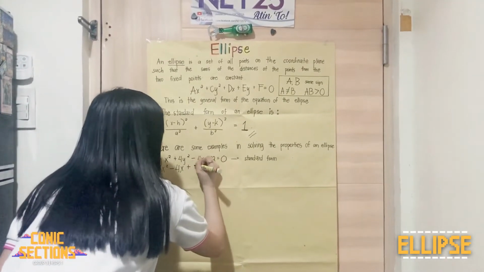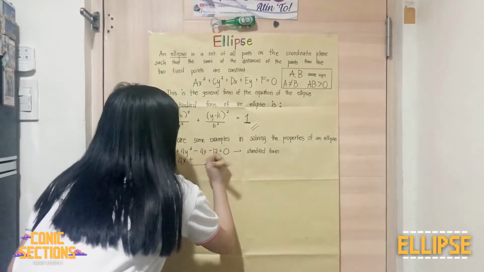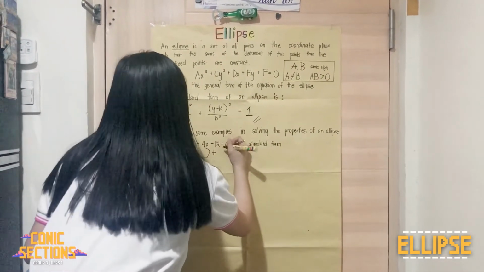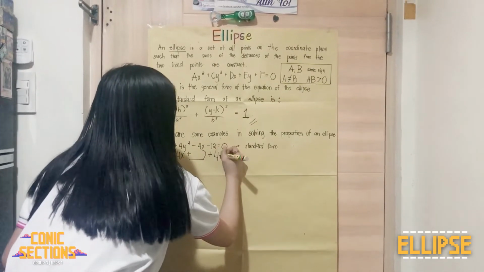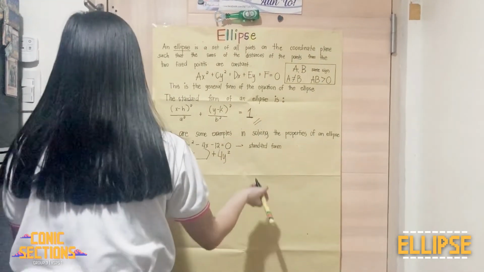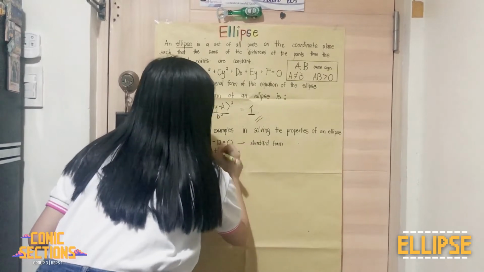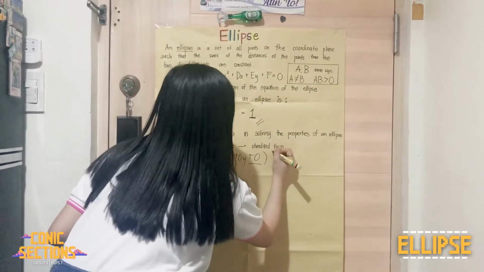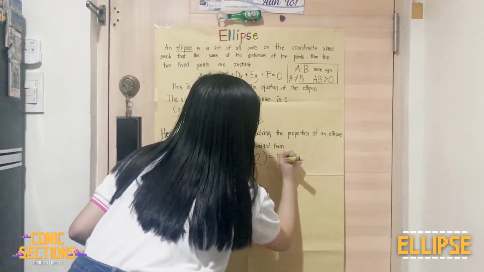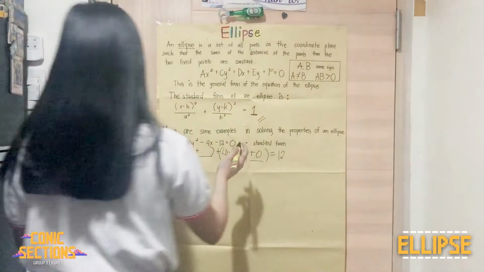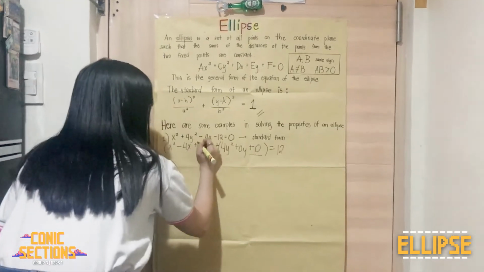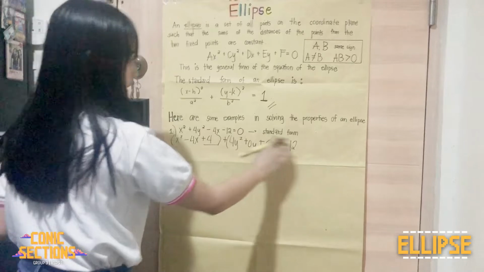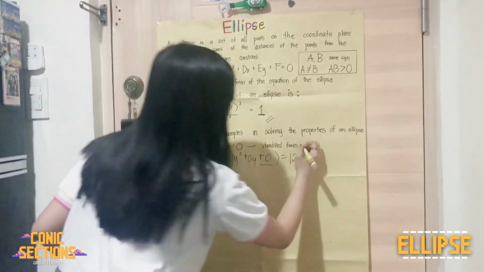plus 4, plus 4y squared plus 0y plus 0 equals 12. So here we have to put 4, and then you have to put it here so we can balance the equation.